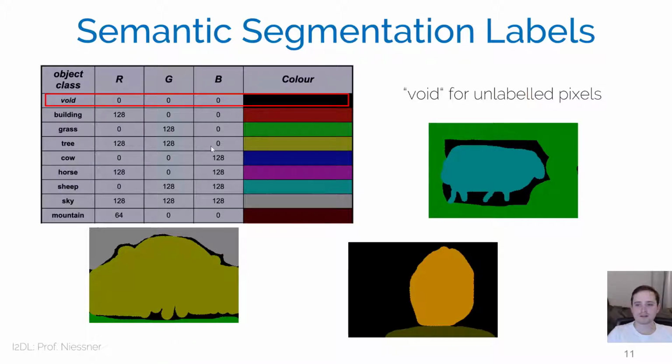So black here stands for a void class, and basically this can be ignored because the person who labeled it maybe did not have this label in their dataset or bank of labels that they can use. So these are not important, and we will just be taking loss values on the pixels that you have a correct label for. So you want to ignore this black one also in your computations.